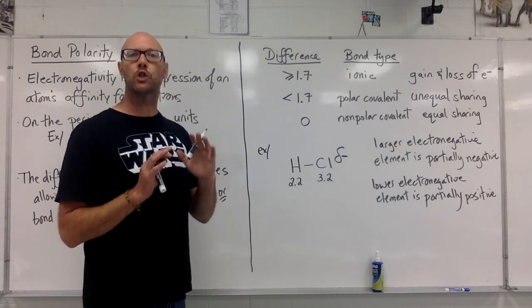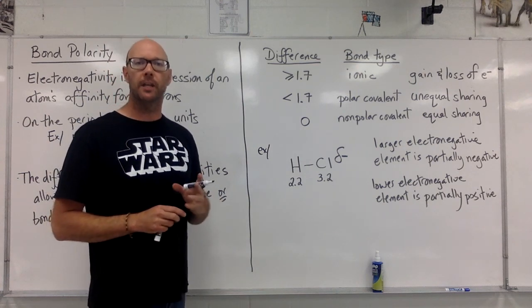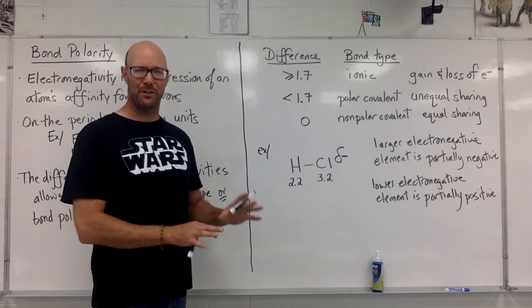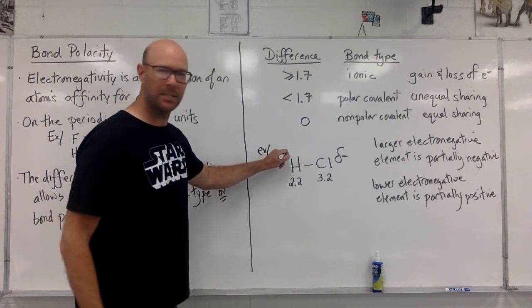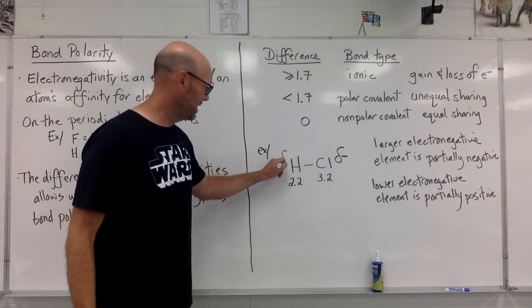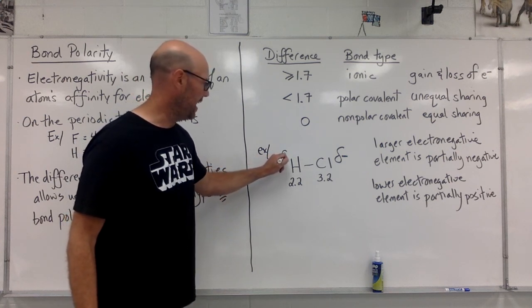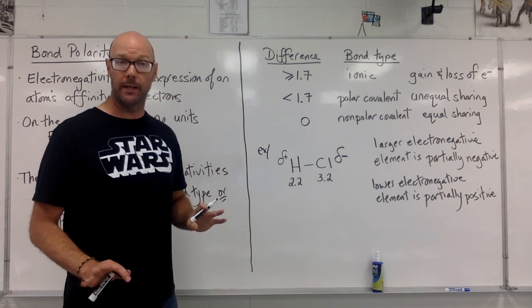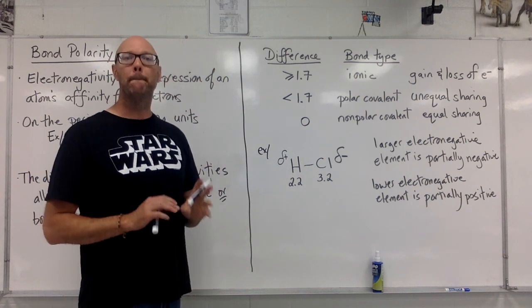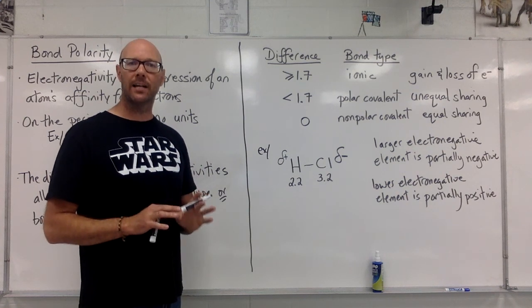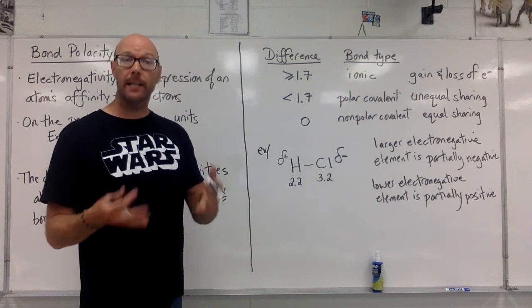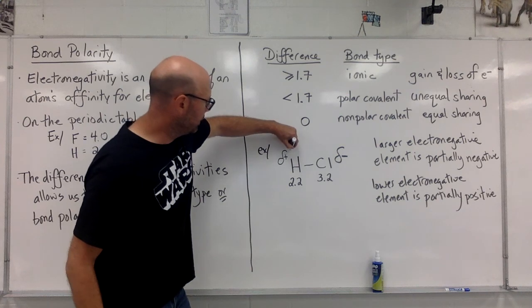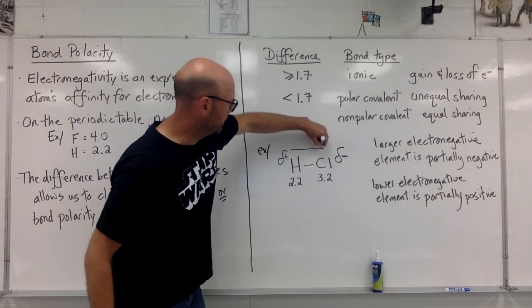It's not taking on a true positive charge. It's taking on a partial positive charge. Here, I'm starting to make an S, but I turn it into a D, and it's positive. One other thing, we're going to draw an arrow pointing at the more electronegative element. Where are the electrons going? Chlorine here is keeping them.